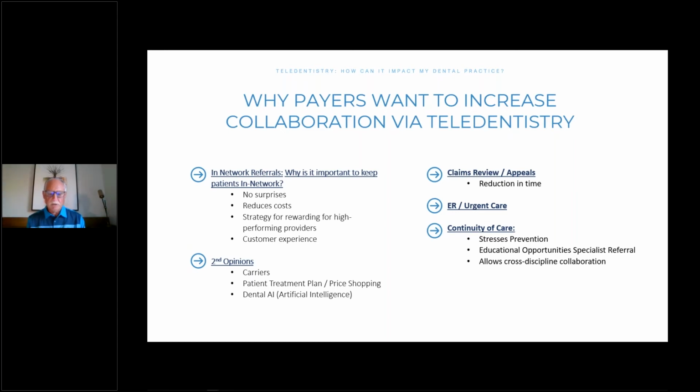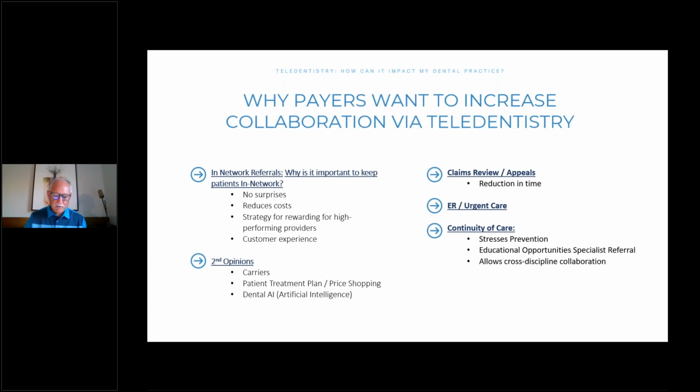Once again, customer convenience and the customer experience. Through teledentistry, there's one set of forms, one set of photos, notes, communications, basically an electronic health record that can travel with the patient through teledentistry collaboration.